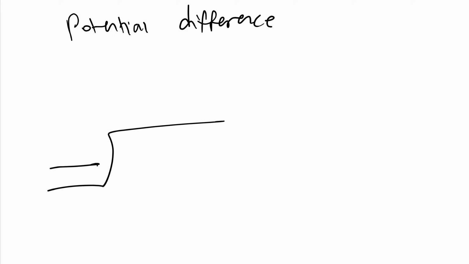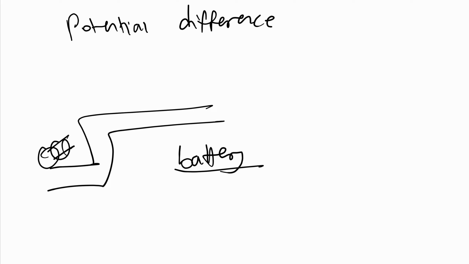Let's take a look at potential difference. Potential difference is even easier than current. It's just what powers the movement of these electrons. If we have our water pipe example again, it's going to be the generator, the battery. In circuits, it's the battery that's powering the movement of these electrons, right? And it's measured with the SI unit voltage, also known as volts.